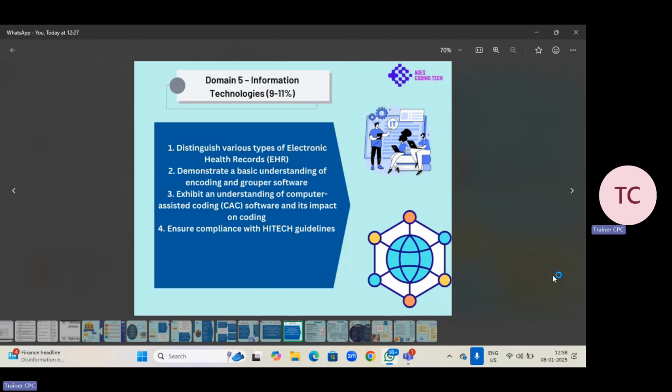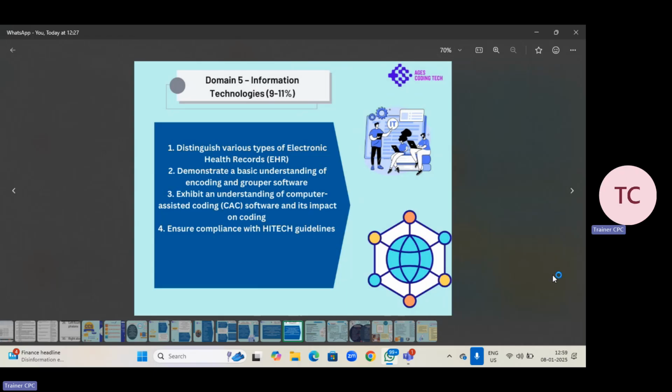So here we will be having questions based on the electronic health record and computer assisted coding, which is nothing but AI. Nowadays we are dealing with this artificial intelligence, right? Like how we are using this computer assisted coding, and how we should fetch the codes captured by it, because it will capture the codes.